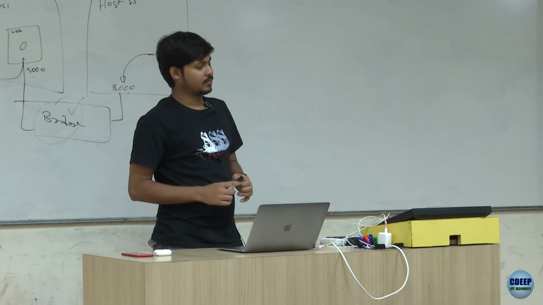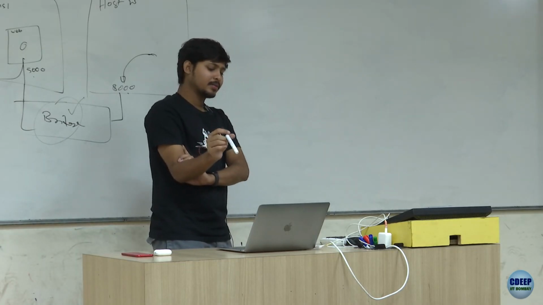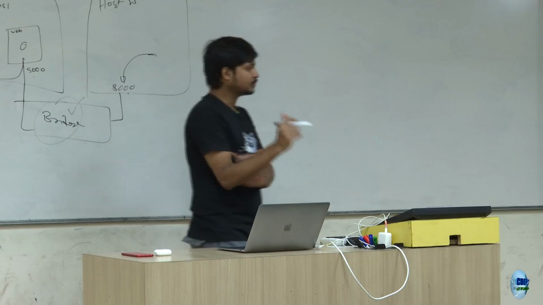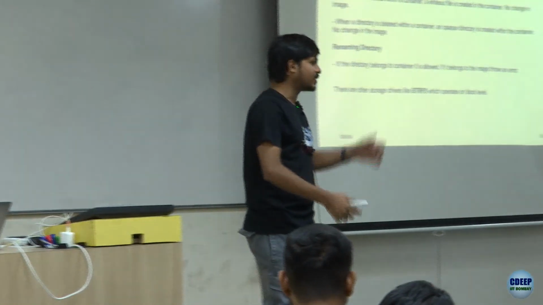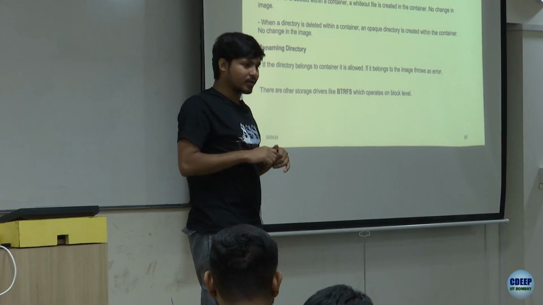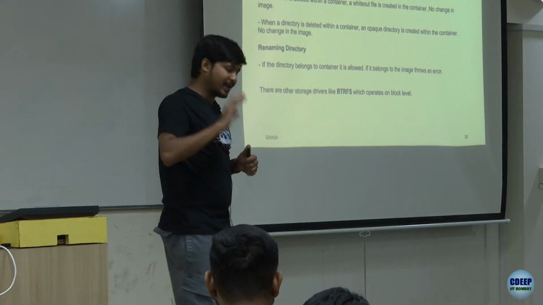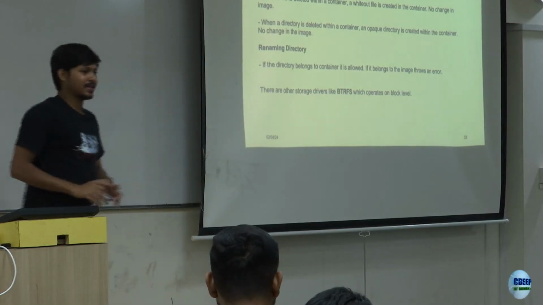I exactly don't know what the problem is here. Renaming, the lower levels are shared across containers, so you can't really change them. Yeah, so that's one of the reasons. But he's trying to say that in the read-write layer we'll put these things and it should work. Yeah, but it is not possible. Why? I need to look deeper into it.